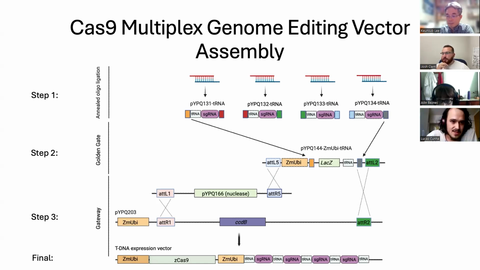Yeah, sorry to hear that. That is one downside, and another downside that I'll admit about using this system is that the LR Clonase II is a very expensive enzyme mix, right? So if you're working with another system that just uses Golden Gate, you might run into some of the issues that you're mentioning, because the Golden Gate plasmids that we put in, the entry clones and the destination clone, are much smaller than what our final T-DNA vector is.